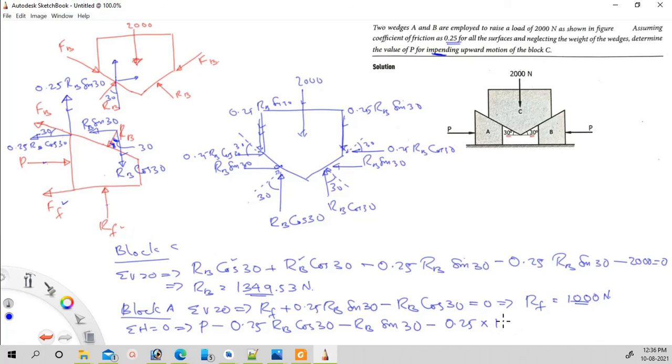RF is 1000, is the frictional resistance. It should be equal to 0. Now we know the value of RB. RB is 1349.53. Then you can substitute the values. Then you will get P equal to 1216.95.